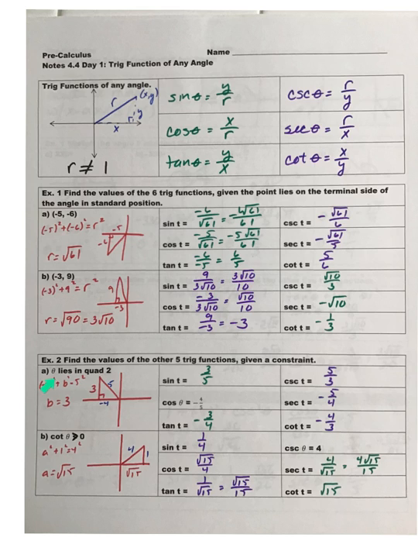Okay, so on this one, we were nicely told that it's in quadrant 2. And right here, we were given cosine is -4/5. So that means the x has to be -4, and the radius has to be 5, because the radius is always positive. The x and y can be negative, but the radius is always positive.